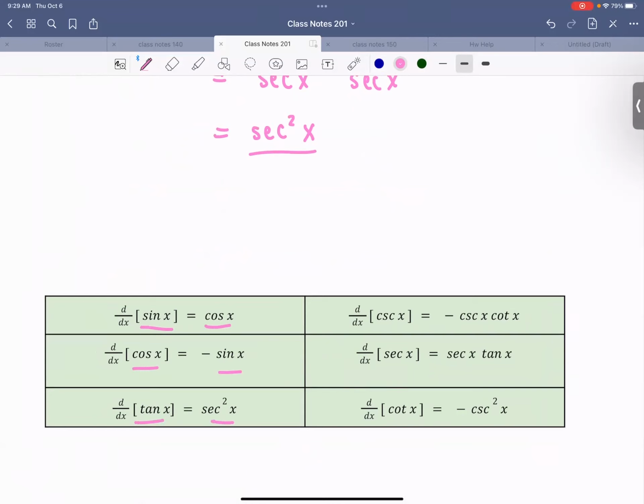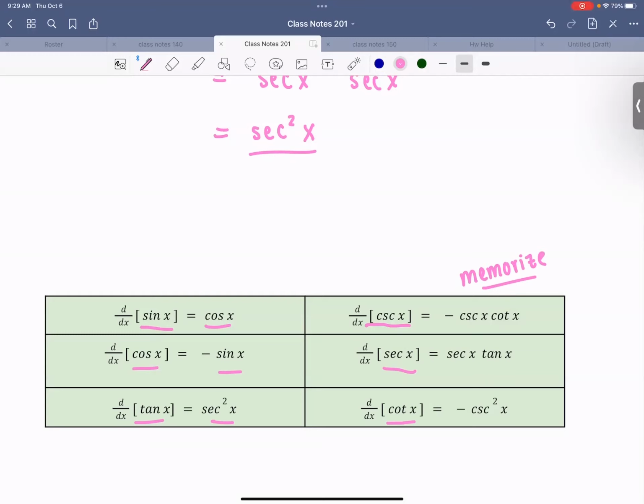Tangent becomes secant squared. And we also have the other ones that we don't use that often: cosecant, secant, and cotangent, okay? These are also derivatives I need you to know, to memorize, okay? Cosecant becomes negative cosecant cotangent, secant becomes secant tangent, and cotangent becomes negative cosecant squared, okay?